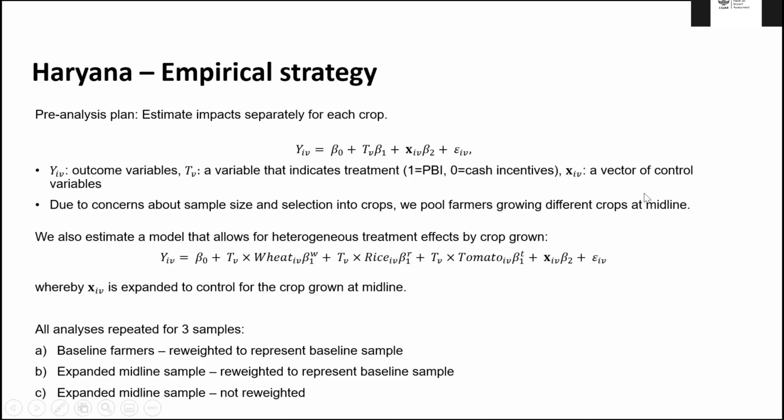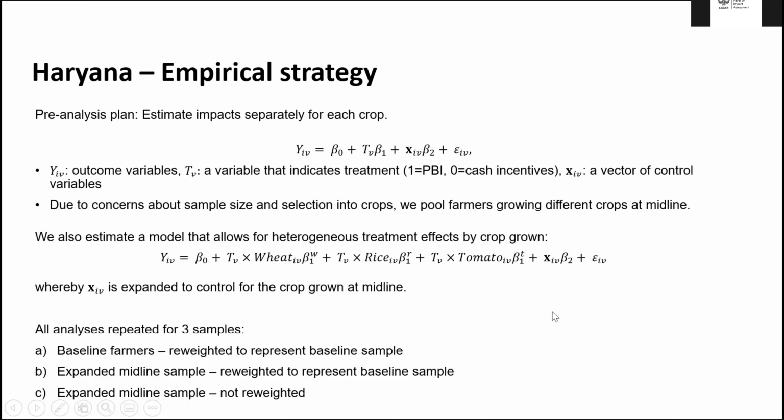And then we estimate in that equation heterogeneous treatment effects as an extension, so that we have separate dummies for wheat, rice, and tomato, and those dummies interacted with treatment. Wheat, rice, and tomato are included separately as control variables in our vector of controls.